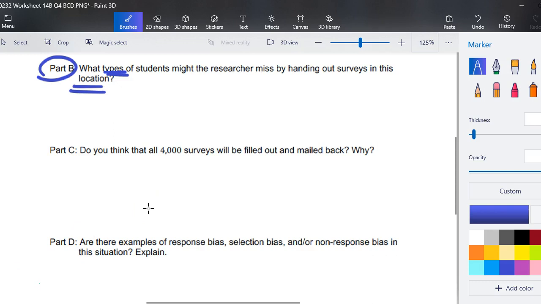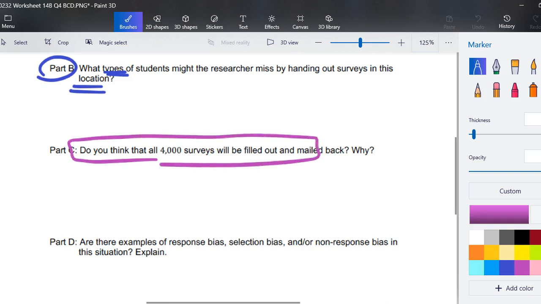Part C: do you think that all 4,000 surveys will be filled out and mailed back? Why or why not? Well, probably not. Probably some of the surveys are going to get thrown away as soon as they get to the parking garage, parking lot, or the building itself.